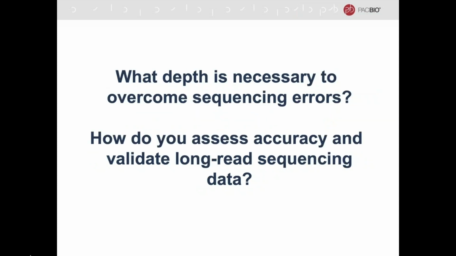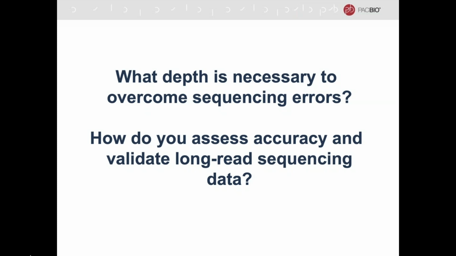So this question is, what depth is necessary to overcome sequencing errors, and how do you assess accuracy and validate long-read sequencing data? So Michael, do you want to go ahead and start us off with this question? Sure. We've been in an interesting position because we've had several rounds of sequencing, even across multiple technologies, going back to the RS2, to see how things pan out.